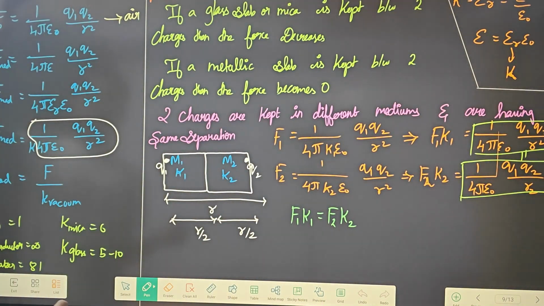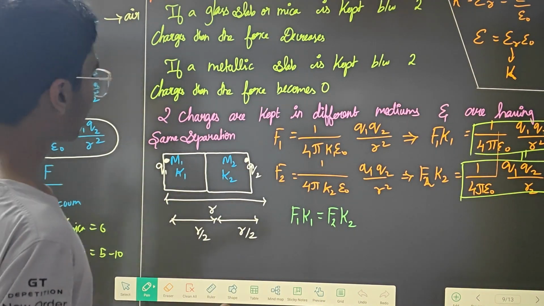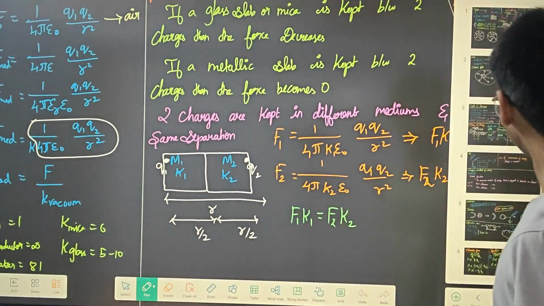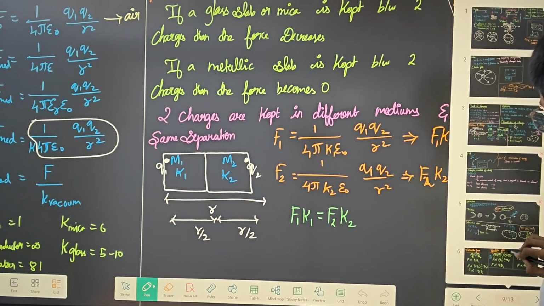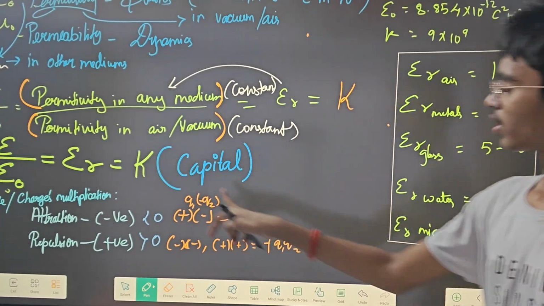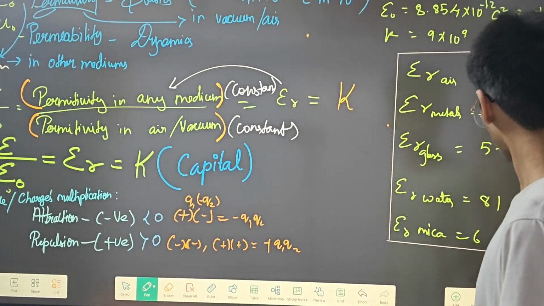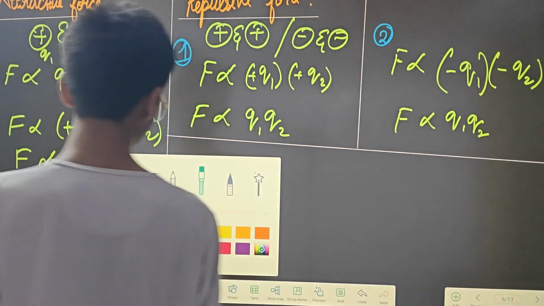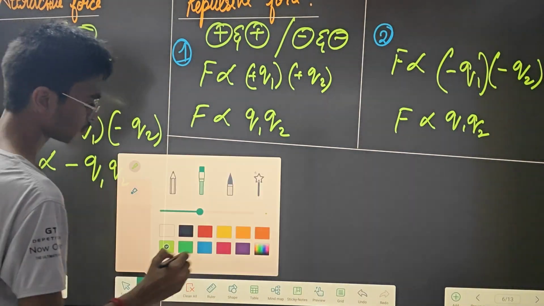Okay, then next is force in medium. See, force in medium, how big at all, I will not say, from this formula. Okay, where is that formula? See, from this formula only we have taken it. I want you all to remember one thing: force in medium, permittivity in any medium.